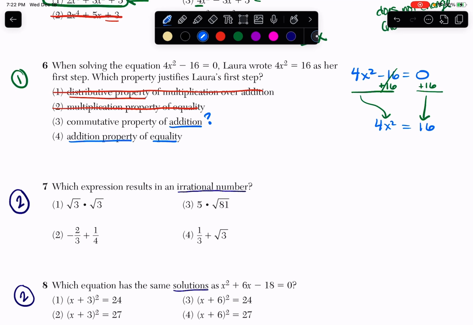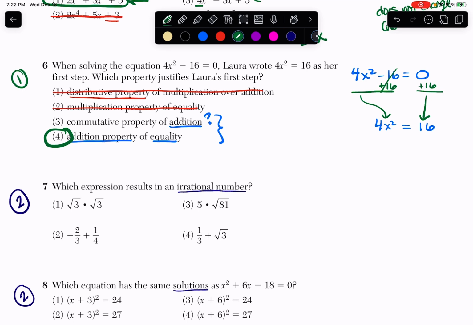So the way we talked about properties in Unit 2, you may be debating between answers 3 and 4. And what I'm going to say is that's okay. If you're between 3 and 4, but you know that they didn't do distribution, they didn't do multiplication, that's an okay place to be. This is the additive property of equality.